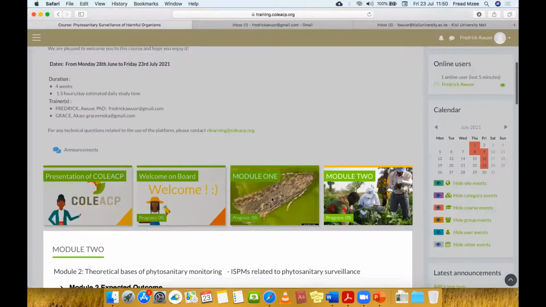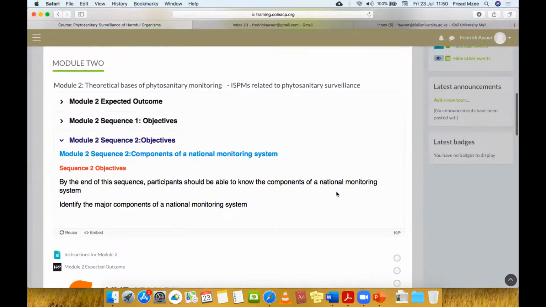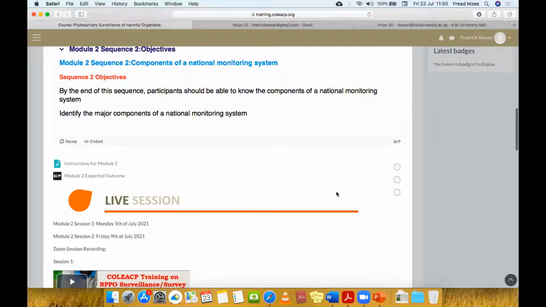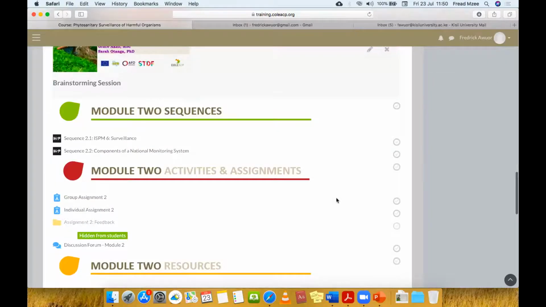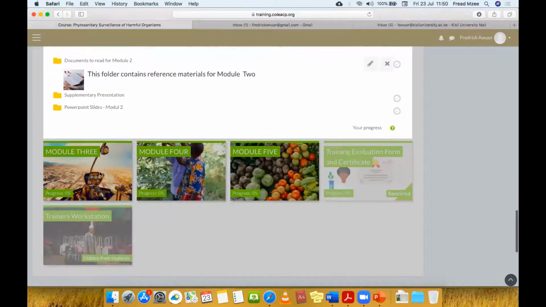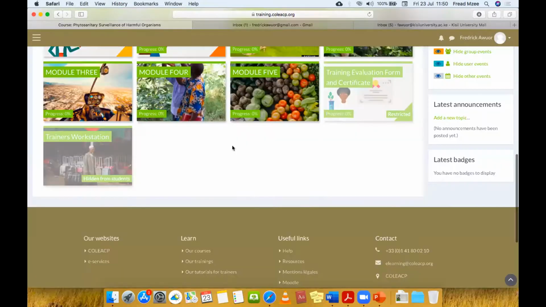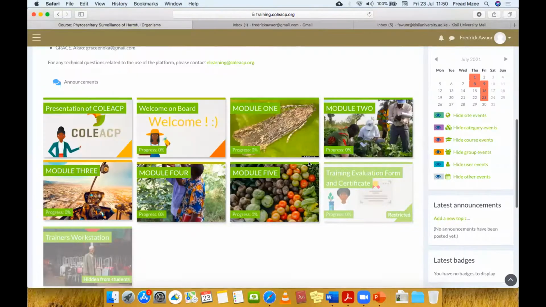Having understood the sanitary systems, and the theory and protocols behind them, the next bit was to dig into each of those surveillance types. The first one of interest to us was general surveillance, which we focused on in module 3.